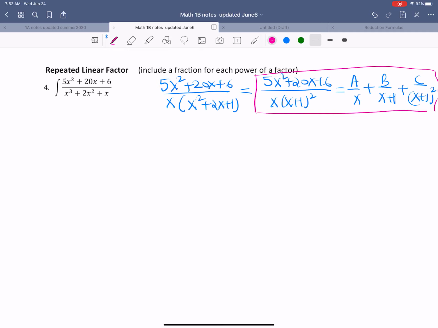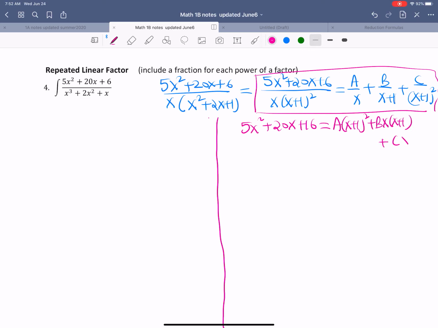Multiply both sides by x times (x plus 1) squared. It turns out to be 5x squared plus 20x plus 6, which is a(x plus 1) squared plus bx(x plus 1) plus cx.